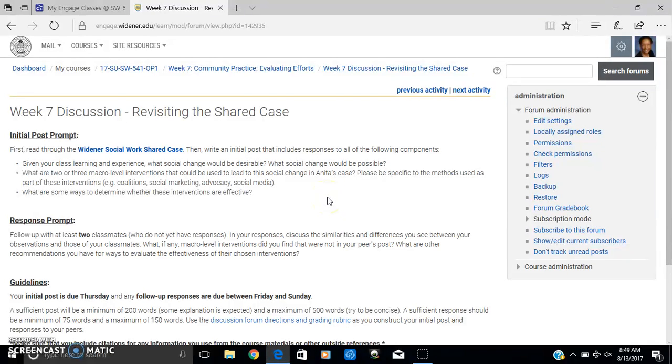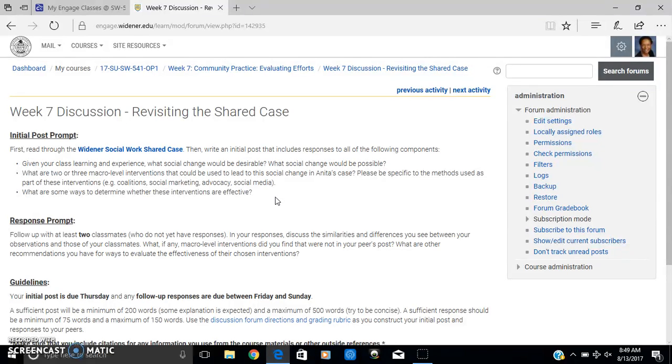Given your learning and experience this semester, what social change would be desirable? What social change would be possible? What are 2 or 3 macro level interventions that could be used to lead to this social change in Anita's case? And please be specific to the methods used as part of these interventions. For example, coalitions, social marketing, advocacy, social media, etc.